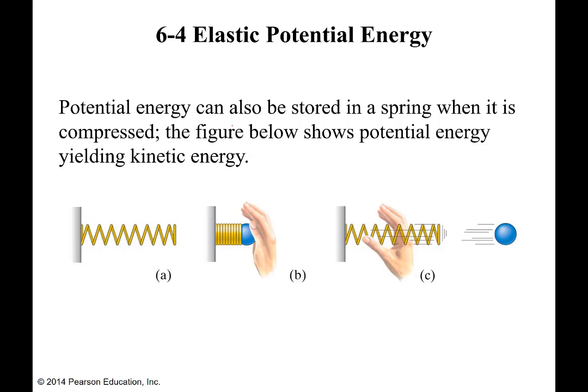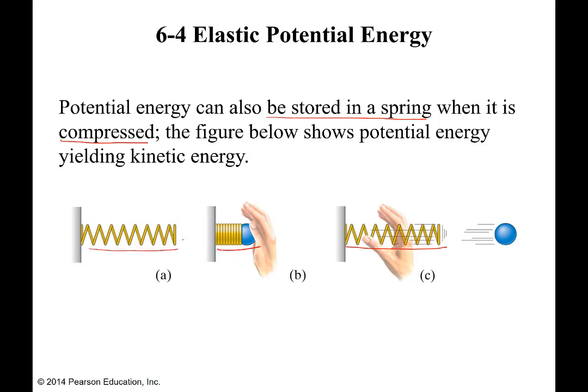All right, so let us now go ahead and discuss elastic potential energy. Potential energy can also be stored in a spring when it is compressed. You played with toys when you were little, and you know that a compressed spring can launch many things, rockets, or simple toys like those found in Chuck E. Cheese.